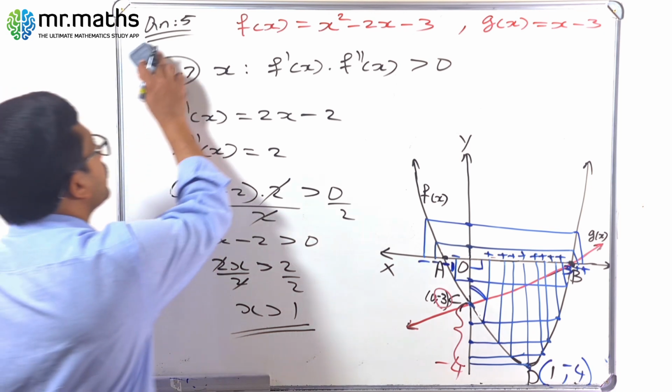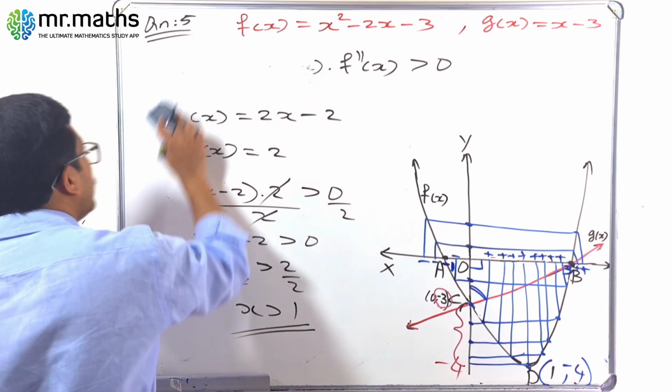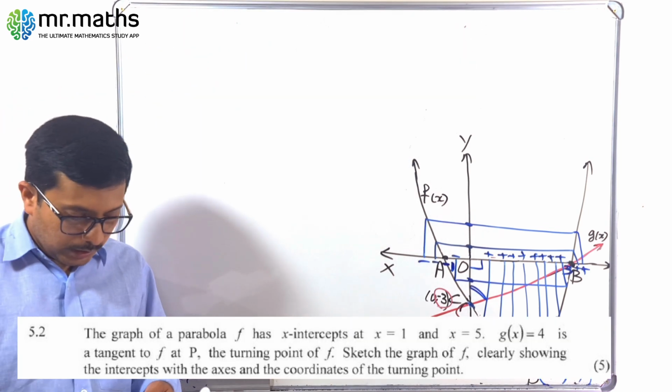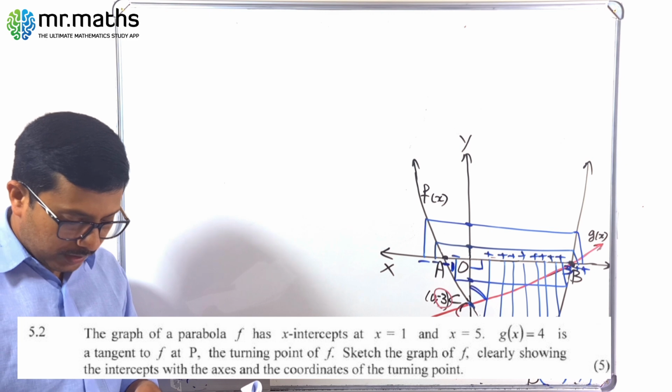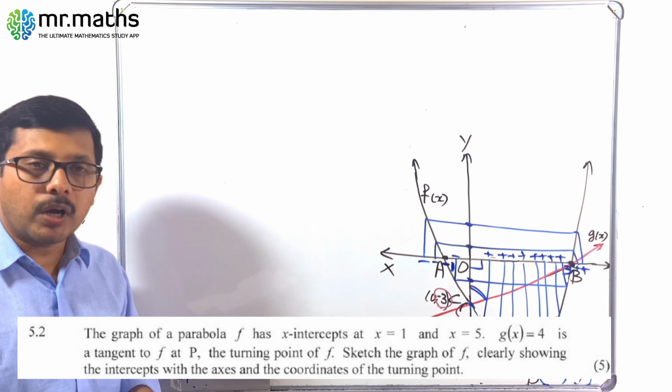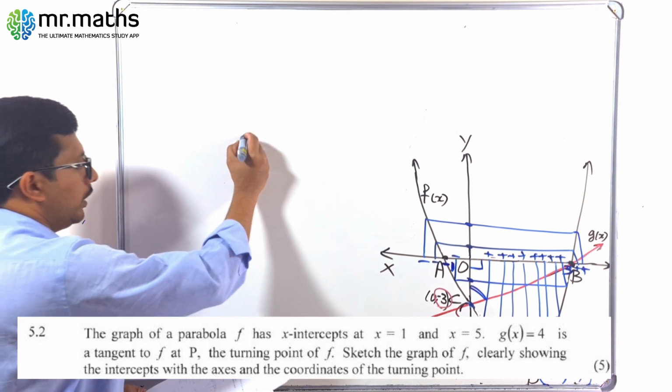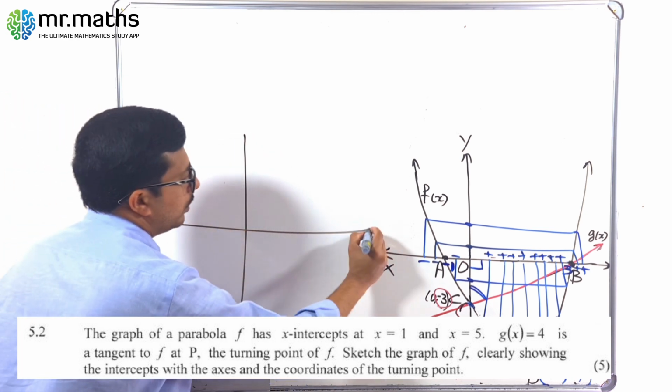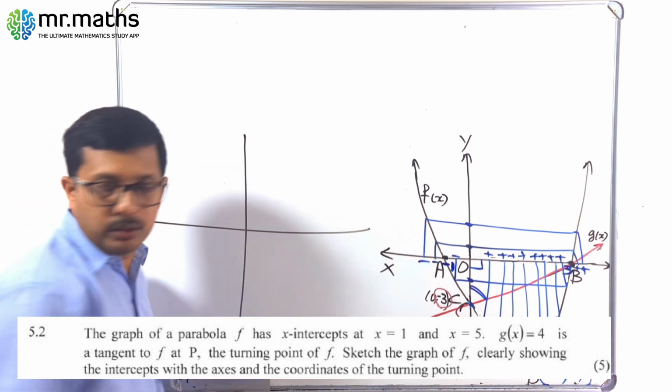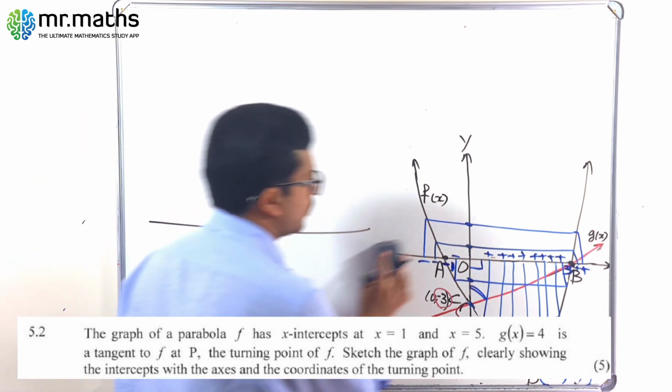Now let's go to question number 5.2. It's another question. The graph of a parabola f has the x-intercept at x is equal to 1 and x is equal to 5. So they are saying that there is a parabola. This is not a part of this question. Okay, let me erase that one also.